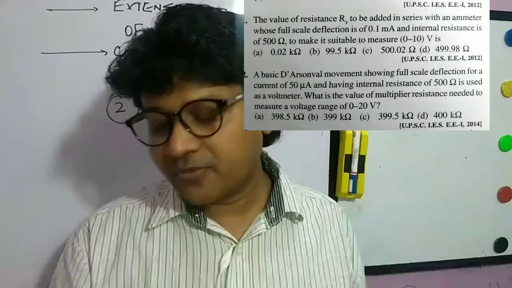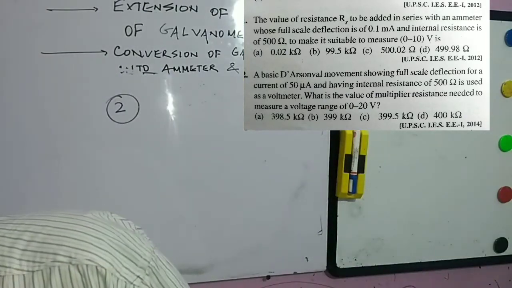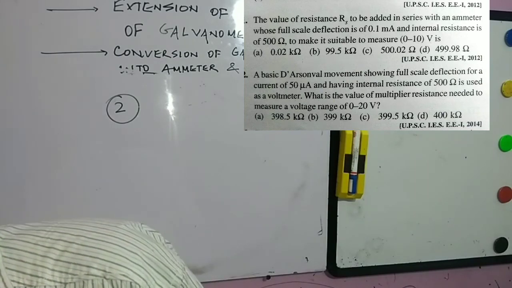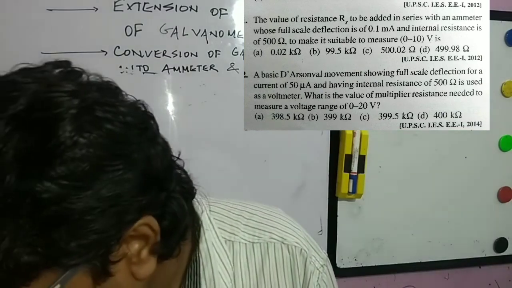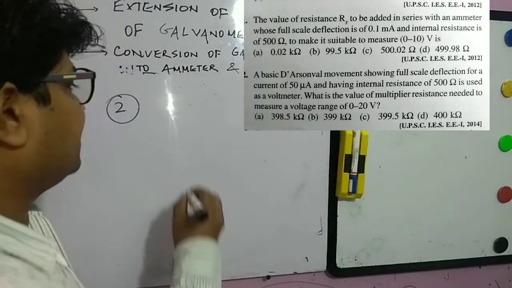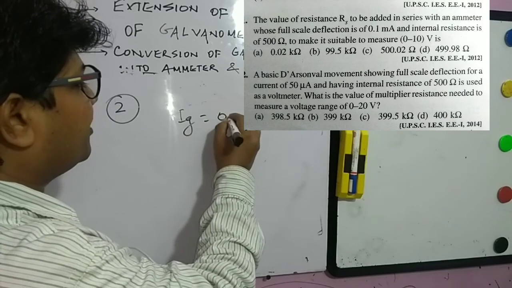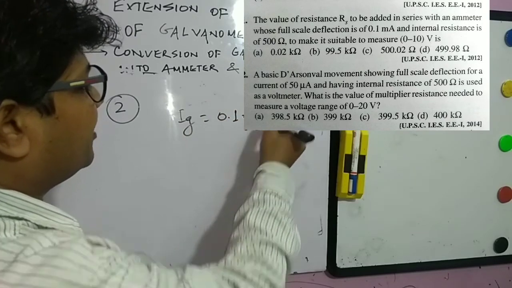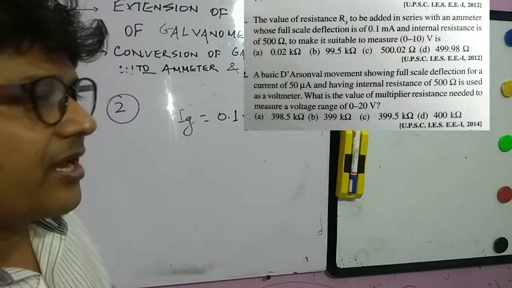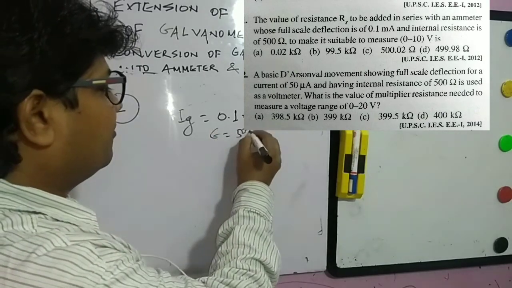We have to follow the same thing, same relation. Another problem: the value of resistance Rs is added in series with an ammeter whose full deflection is 0.1 milliampere, means Ig you are provided with 0.1 milliampere. An internal resistance of 500 ohm, G is equal to 500 ohm.